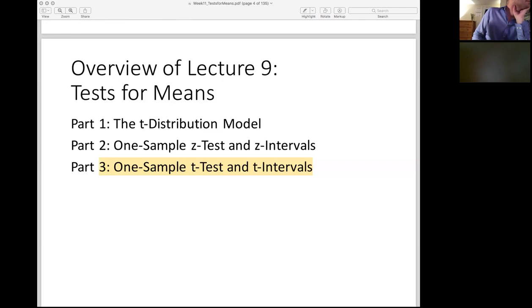Suppose you take many samples. Sorry, I'm looking for the question.